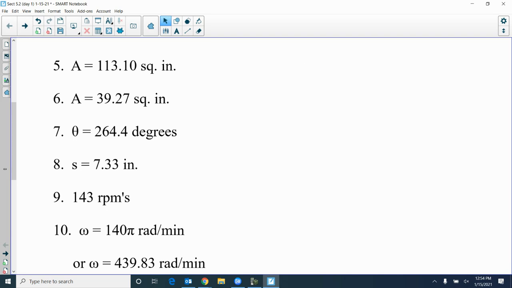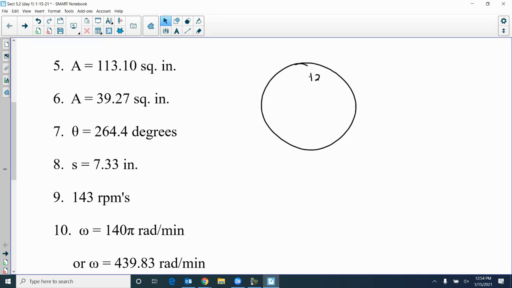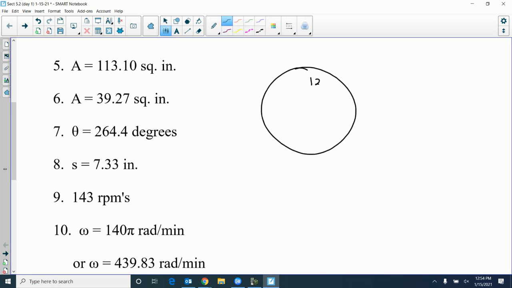Well, if it's moving 10 minutes, think about it, from 12 to 3, that's going to be 90 degrees, right? But from 12 to 2, so that 10-minute arc, that's going to be 60 degrees.